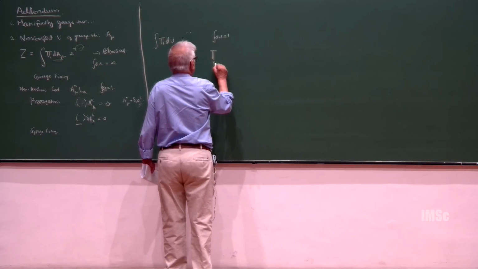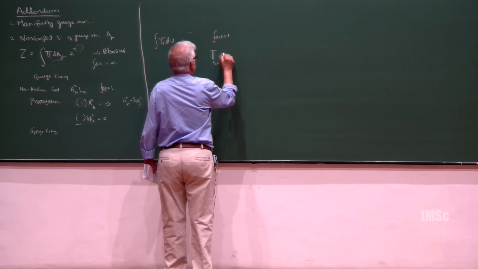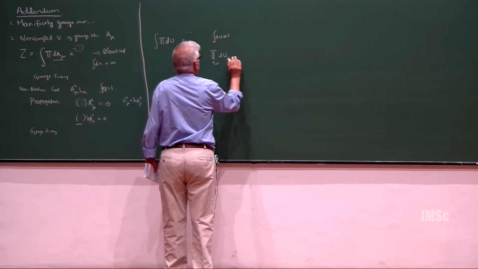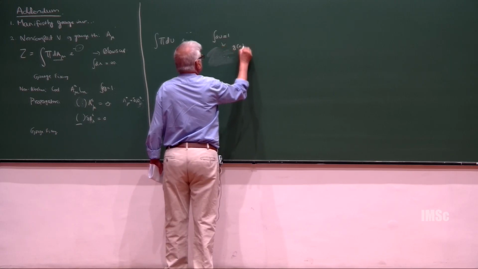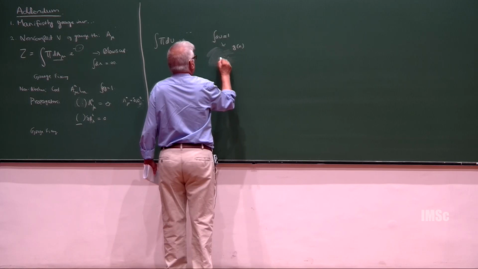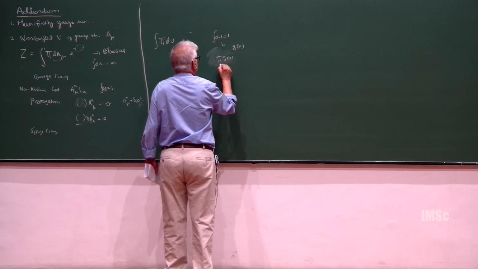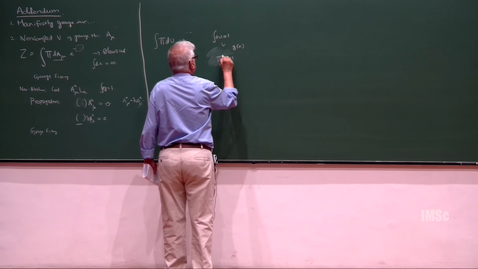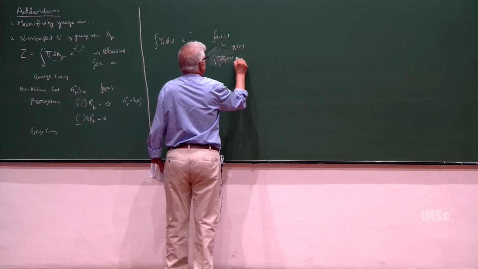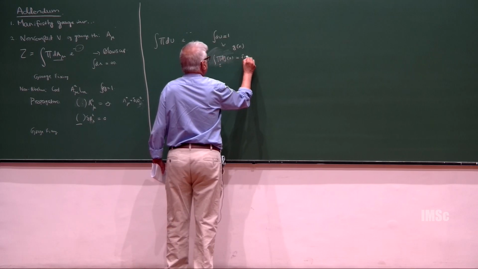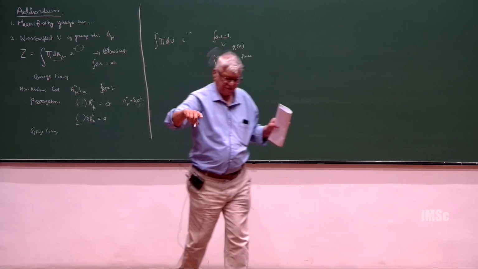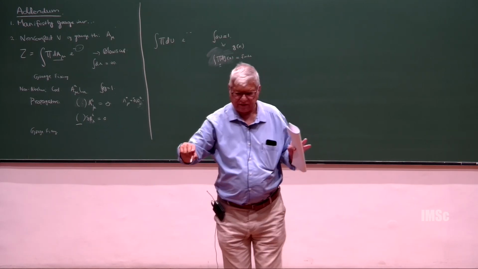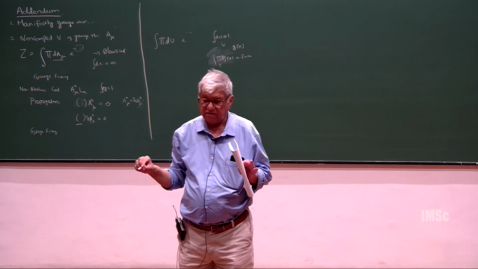However, the gauge transformations are g of x, the product of g of x at all the sites of the lattice. The volume of that is finite, because it's basically 1 multiplied by itself for each site.